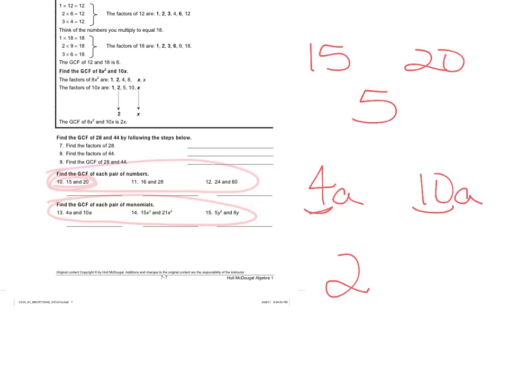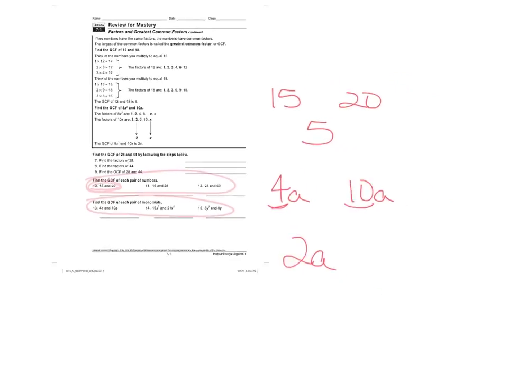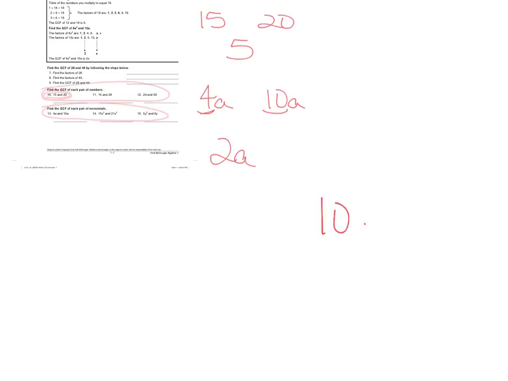This one, it's the same, so we will just put 2a. All right, so if it's 10a and then 5a to the fifth, it would be 5, but then the variable, you look for the lower one, and it would just be 5a. That's all you do.